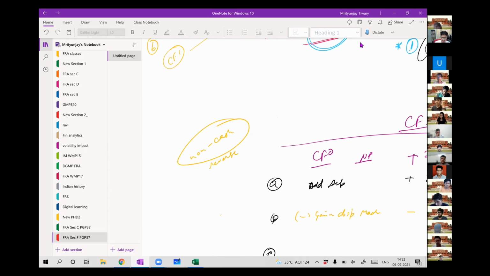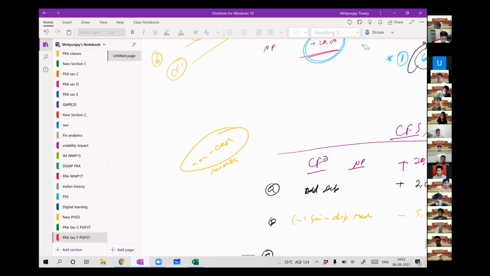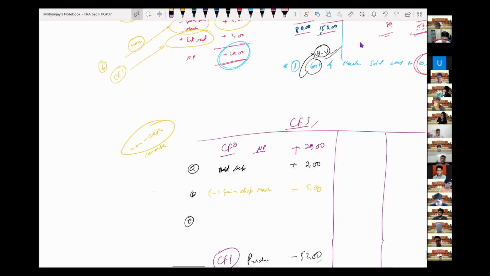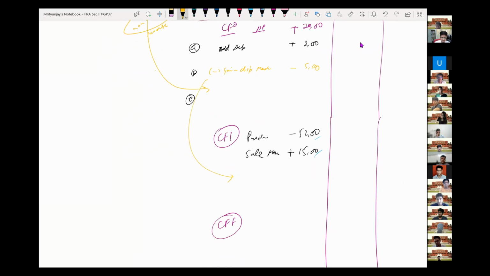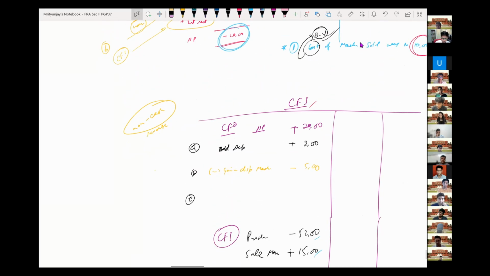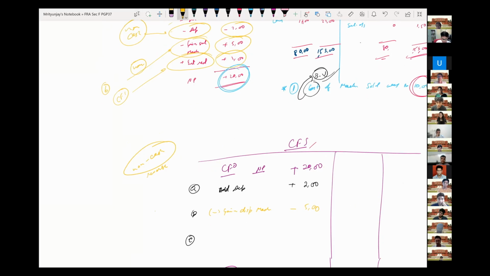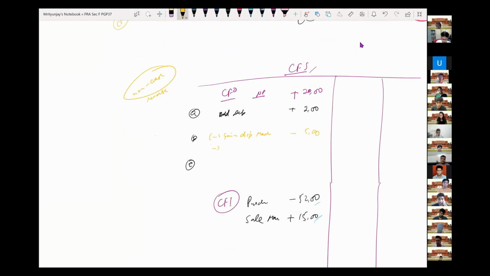So I will remove the impact of this interest here and then bring it wherever it belongs. How do you remove the impact of interest received of 2 lakh rupees? I will subtract it. So I will write less interest received, negative 2 lakh here.